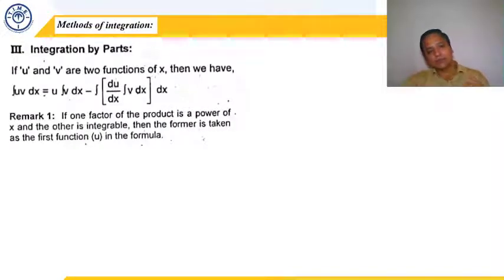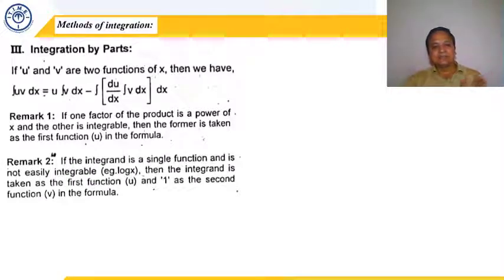Now if one factor is the product of powers of x and the other is integrable, then the former is taken as the first function u in the formula. If one factor is a power of x and the other is directly integrable, we take the power of x as the first function.